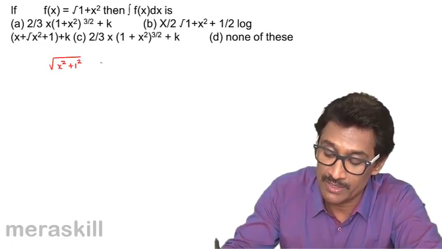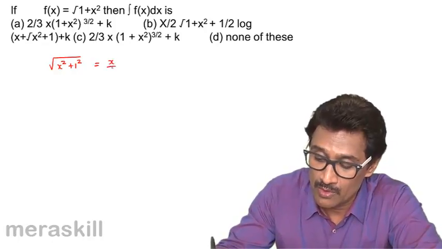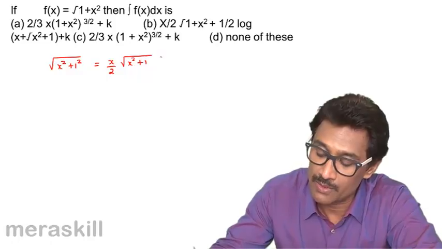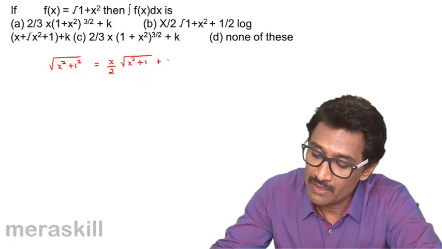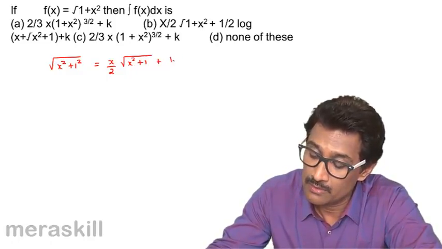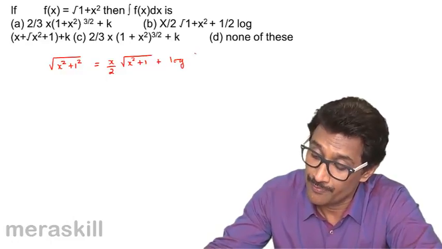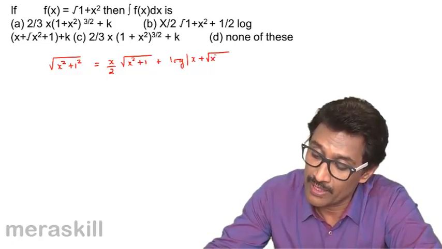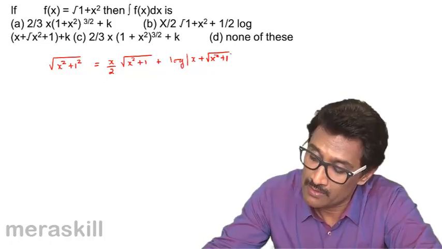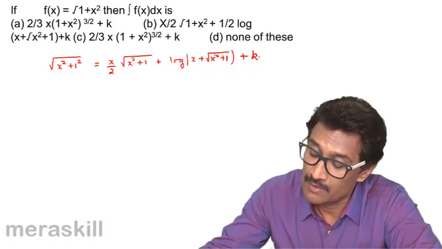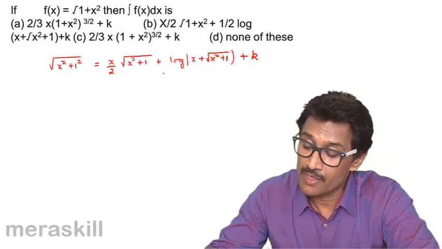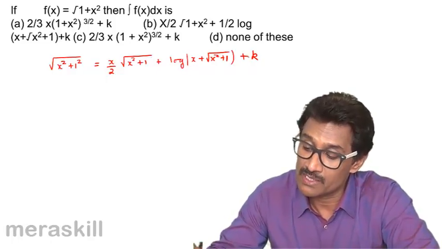So it's going to be x by 2 into root x squared plus a squared, that is x squared plus 1, plus log x plus root x squared plus 1 plus k.